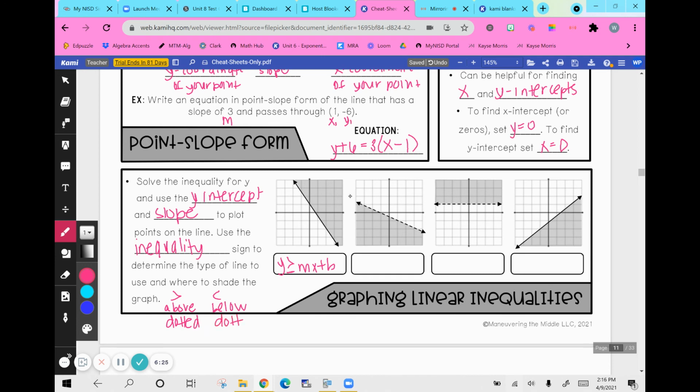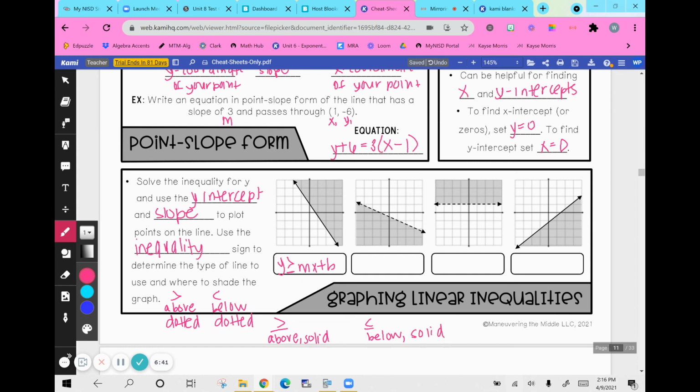Both of these would be dotted. And then if it was greater than or equal to, this would be above and solid. If it was less than or equal to, it's below and solid.